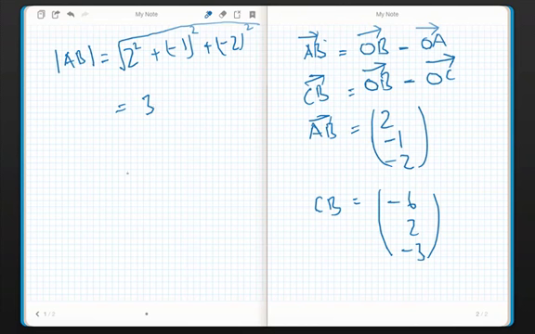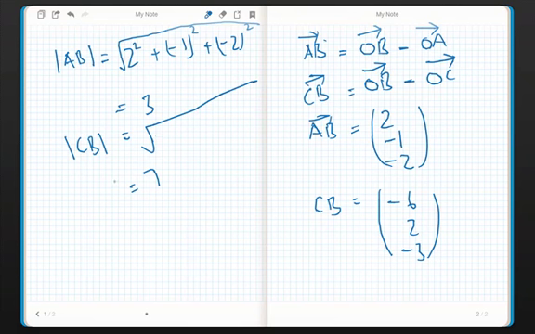Now we want to find the magnitude of CB. This is equal to the root of minus 6 squared plus 2 squared plus minus 3 squared. So 36 plus 4 plus 9, same method as usual. Root of that is 7.